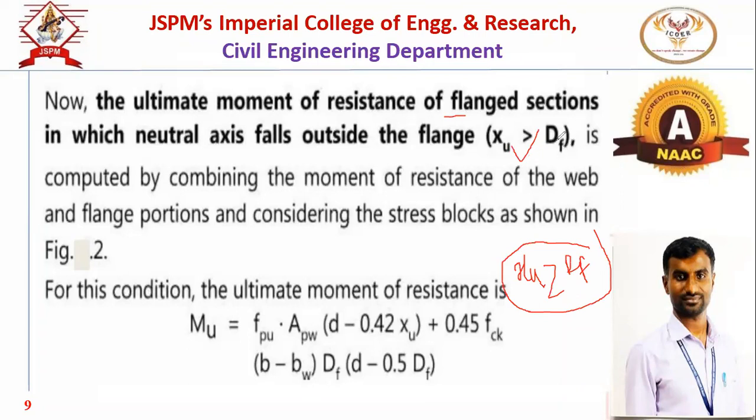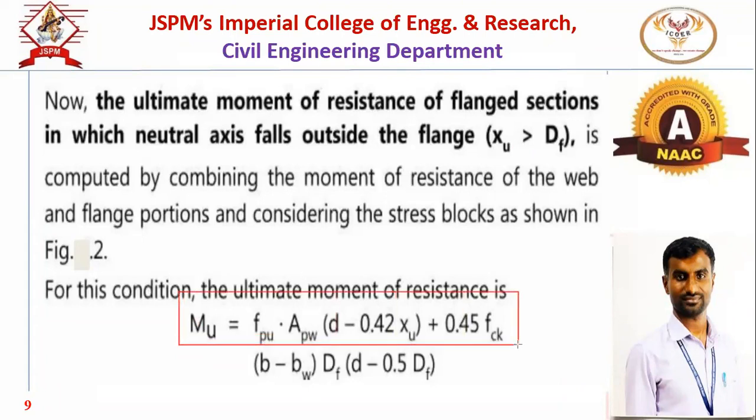In this case, the moment of resistance can be calculated using this equation: FPU into APW into the perpendicular distance D minus 0.42 XU. This is the lever arm, we can say small z.